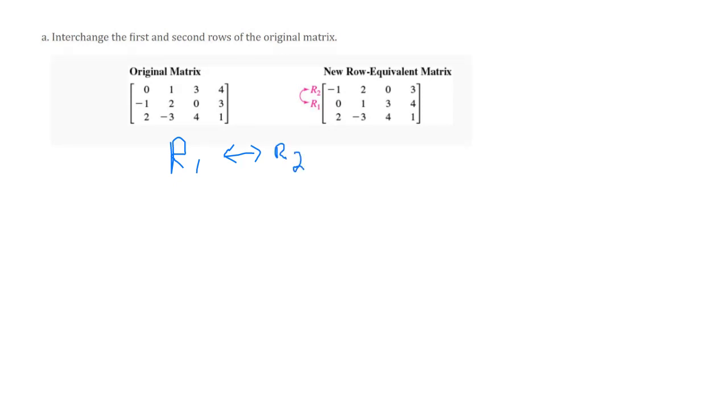When I apply this syntax to my original matrix, it becomes this. My row 2 now becomes my row 1: -1, 2, 0, and 3. And my row 2 now is 0, 1, 3, 4. This is what happens when we interchange rows. Again, this is the syntax.